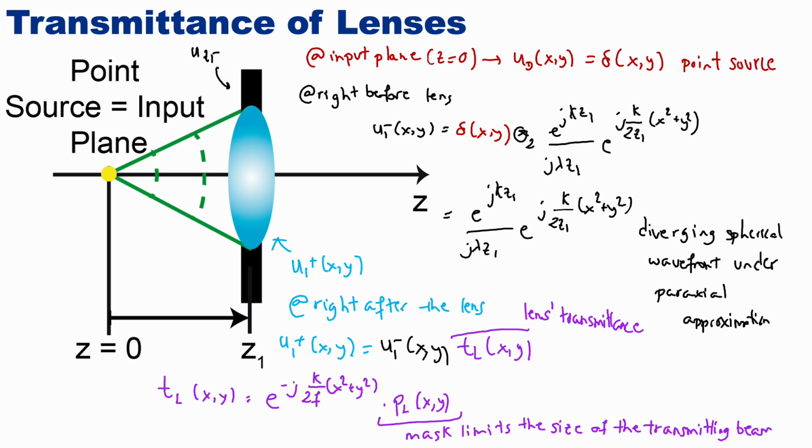So the mask limits the size of the transmitted beam. So it's kind of adding some clipping effect, and this is my converging beam, or spherical, or paraboloidal.